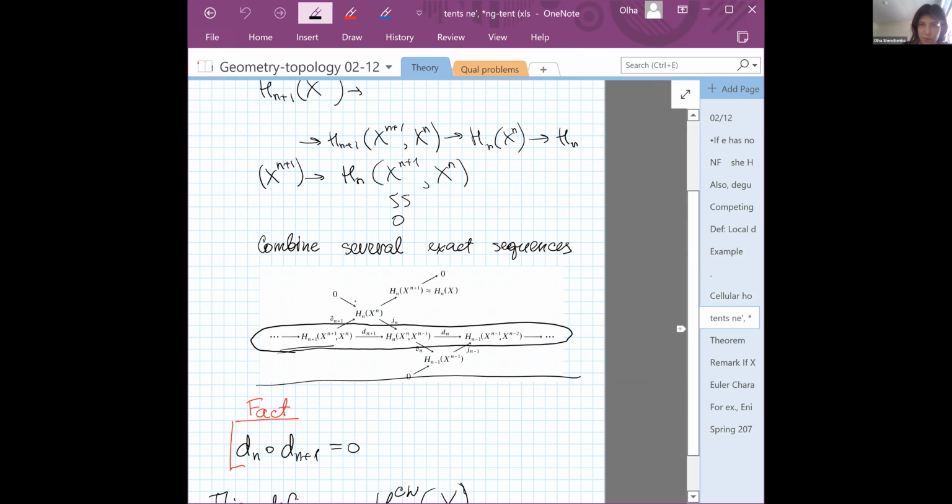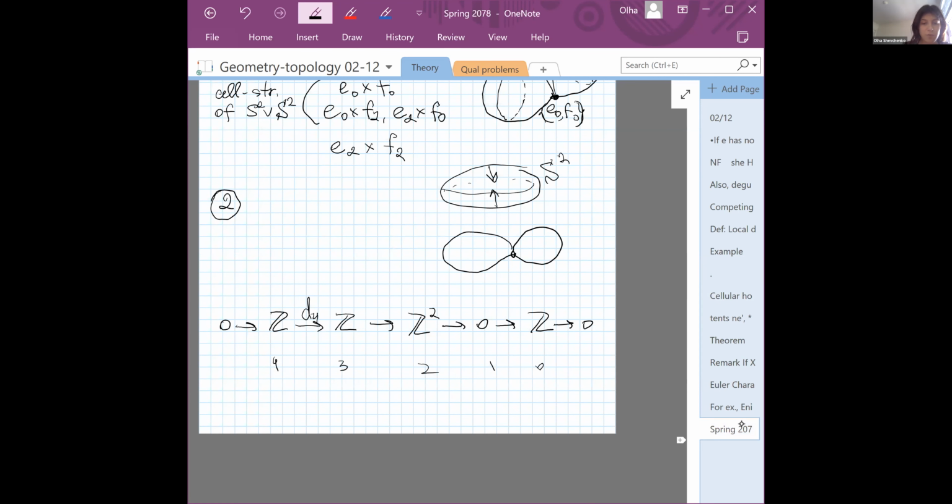For example, if we look at this composition, we know that all the boundary maps before from here were 0, which means they're still 0. That just means the boundary of this is 0, right? Okay, so this map is 0.